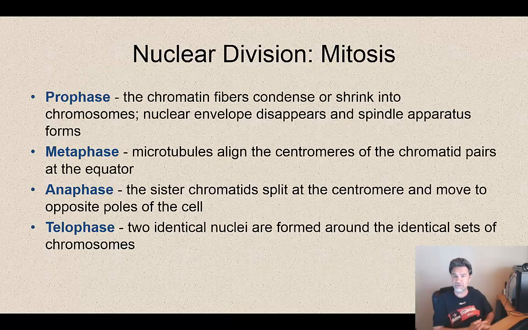So mitosis is composed of four phases. We have prophase, metaphase, anaphase, and telophase. And the acronym is PMAT, right? That works well. So prophase, what we're going to see first is that we're going to start observing that the chromosomes, which are long and thin right now, will begin condensing or shrinking into much shorter, stubbier, and broader structures that we're able to actually see in a light microscope.